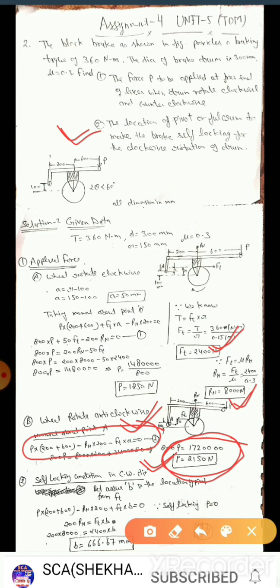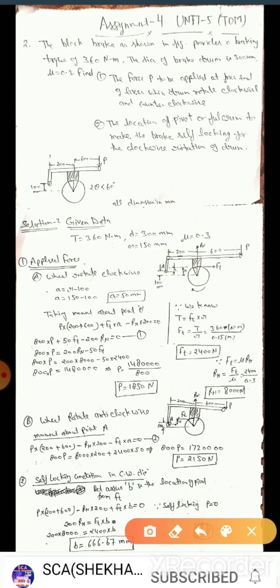Now move on to this condition here. Second point, self-locking condition in the clockwise direction. Let us assume B is the location of the pivot from Ft.